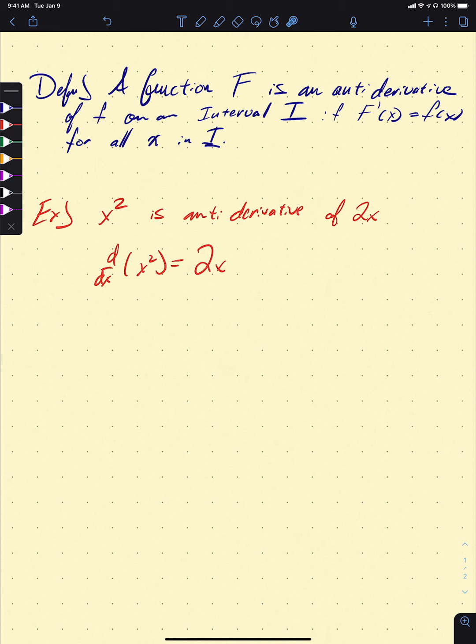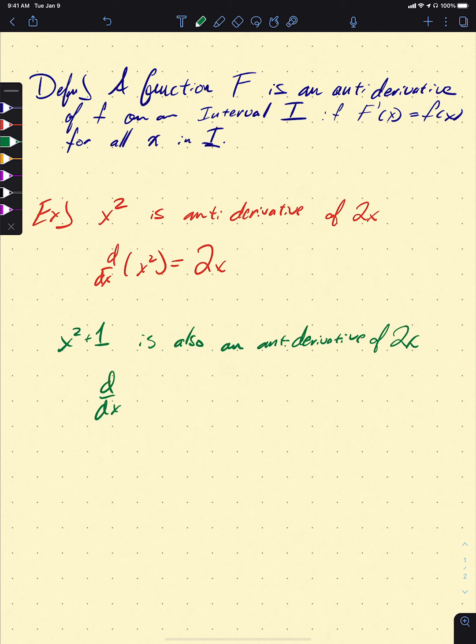But a thing to notice here is, I'll put this in green, x squared plus 1 is also an antiderivative of 2x. Why? Well, simple.